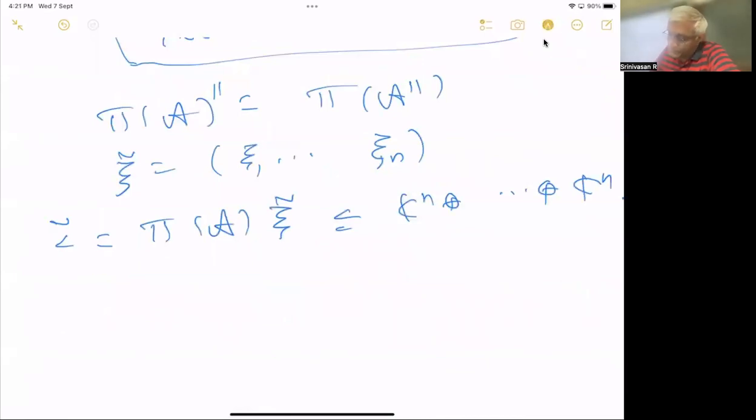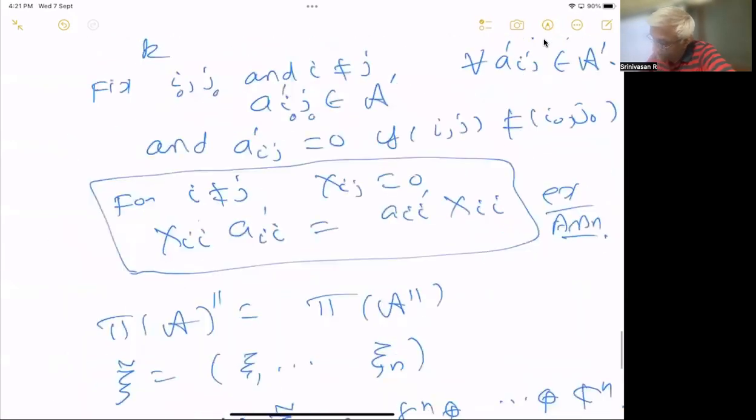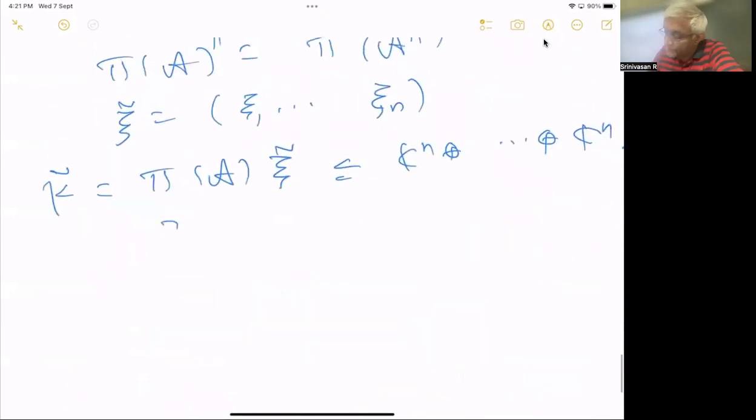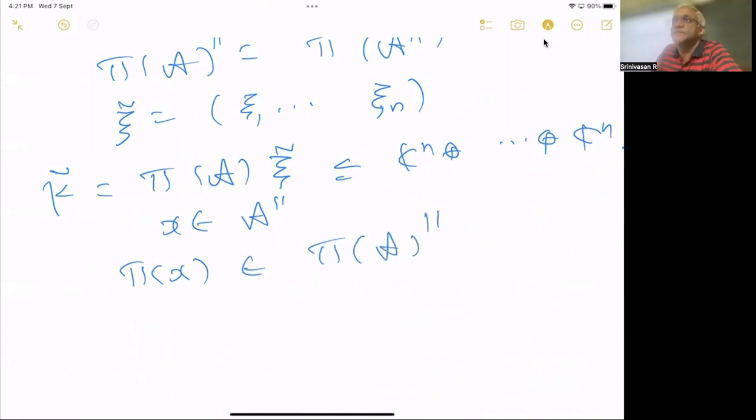I have taken pi of A double commutant, which is pi of A commutant. I started with x in the A double commutant. So let x be in A double commutant, then pi of x is in pi of A double commutant.